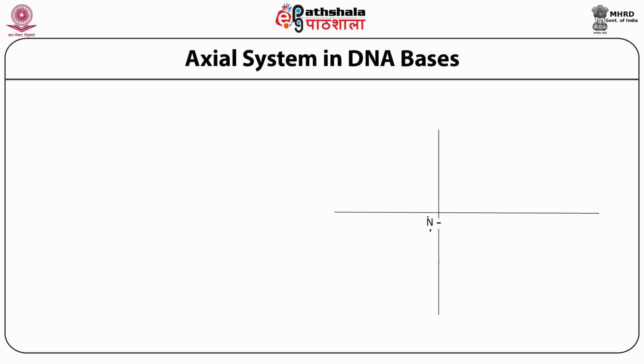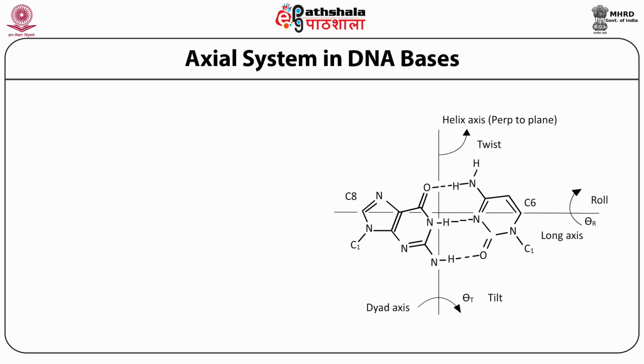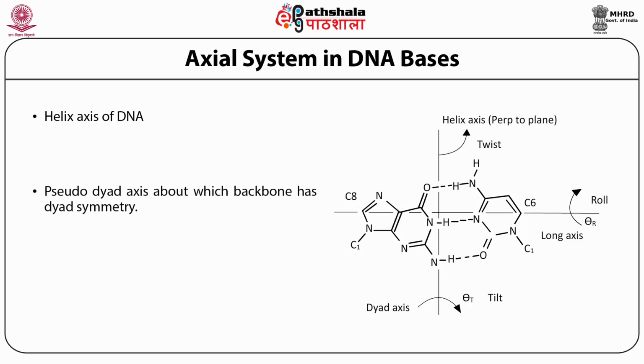To define these distortions, Drew's group took the axial system in DNA, that is, we show here in the picture the view in the base plane. A dot here is the position of the helix axis, and we have a dyad axis or a pseudo-dyad axis about which the backbone has a dyad symmetry.